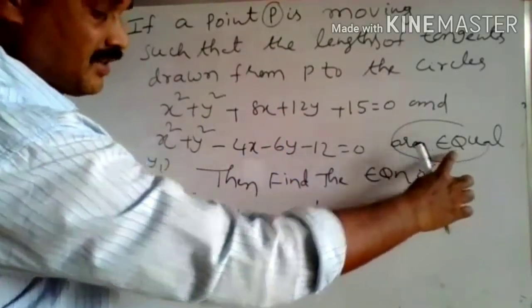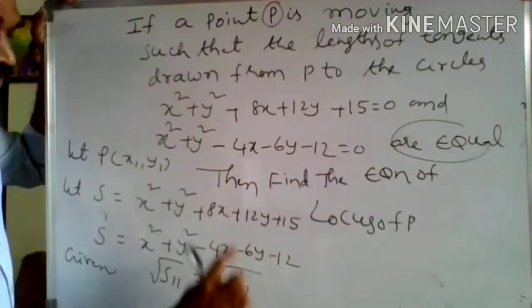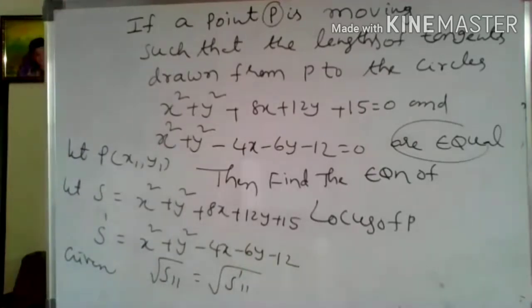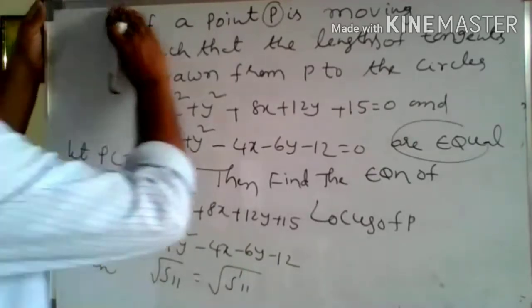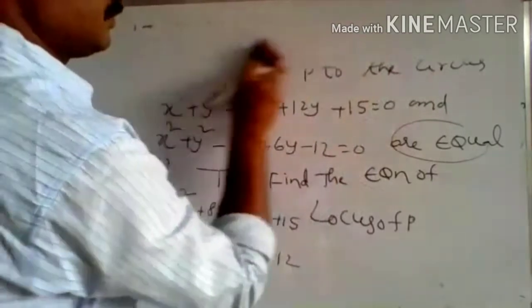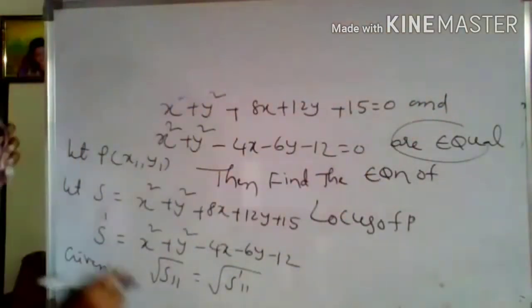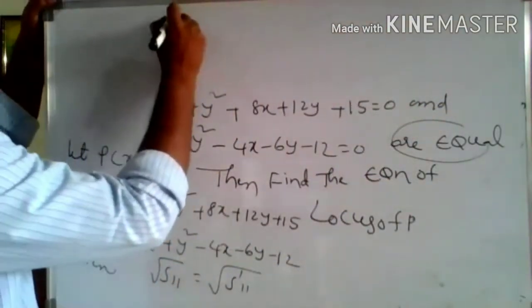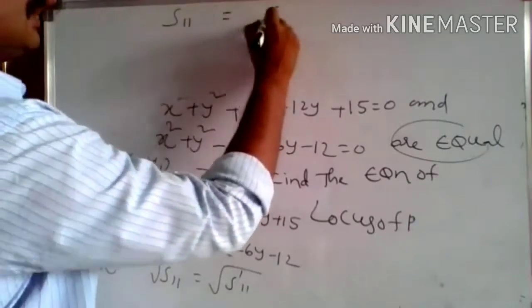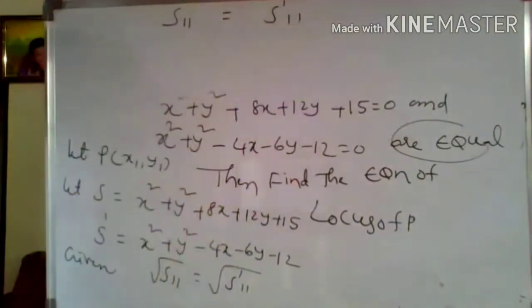Given equal, so root S11 is equal to root S dash 11. Squaring on both sides, S11 is equal to S dash 11.